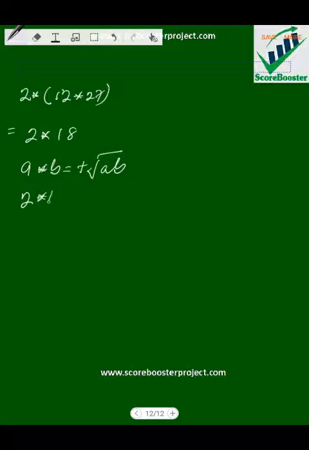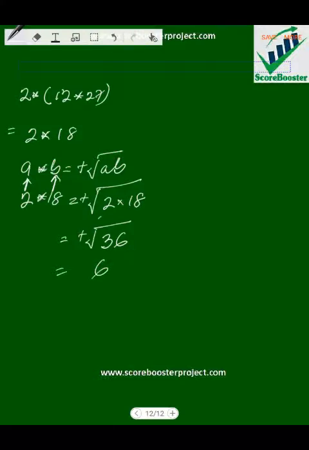So 2 star 18 will now be equal to, this is my A and this is my B, so I'm going to have what? Square root of 2 times 18. You can use your law of indices, or you can just go this way. 2 times 18 is 36, and the square root of 36 is 6. That's the positive square root of 36, which is 6. So this will be your final answer.